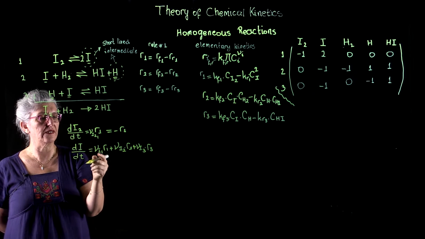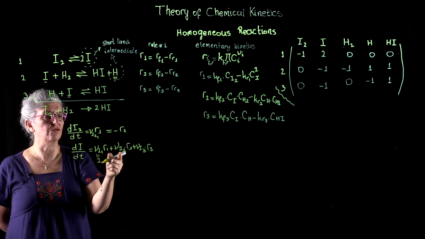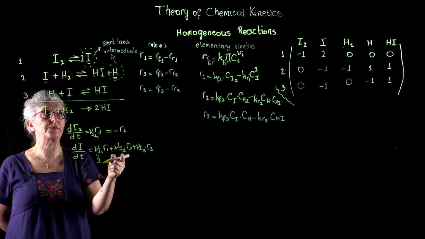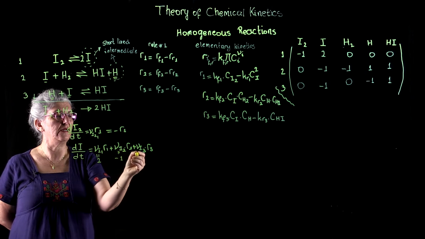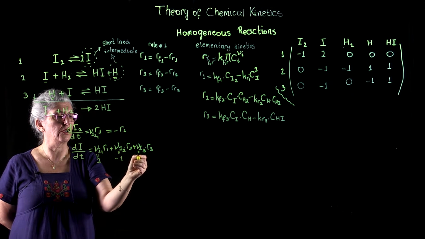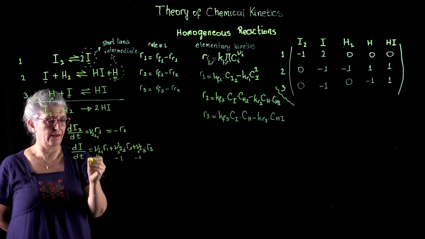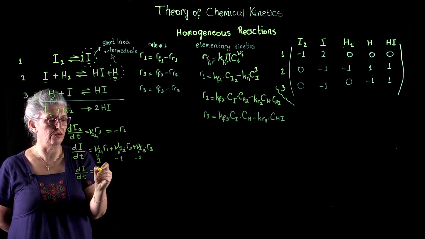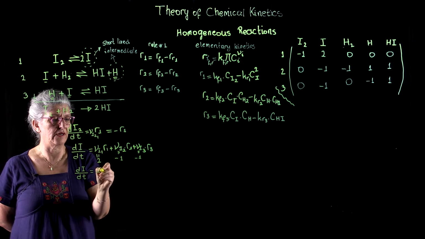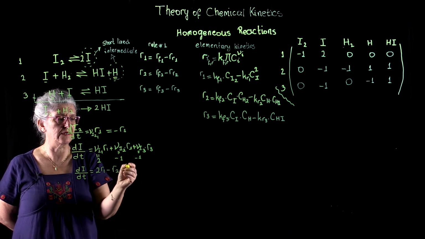Nu I in reaction 1 is equal to 2. Nu I in reaction 2 is equal to minus 1. And nu I in reaction 3 is equal to also minus 1. So let's clean this up to write dI over dt to be equal to 2R1 minus R2 minus R3.